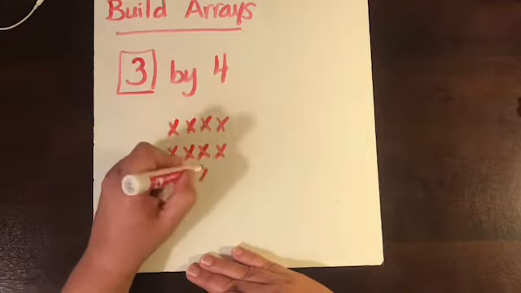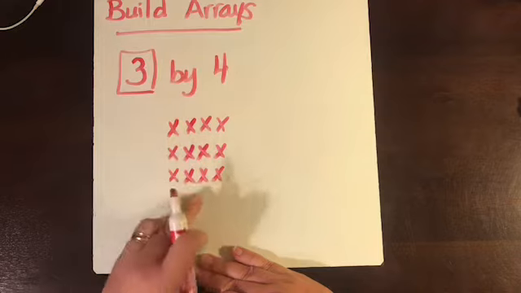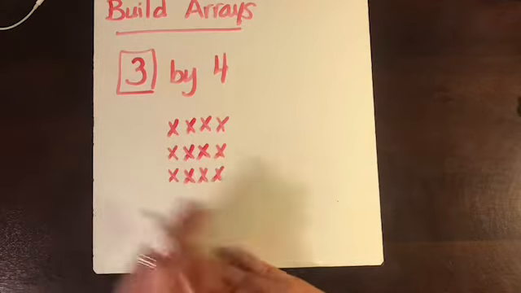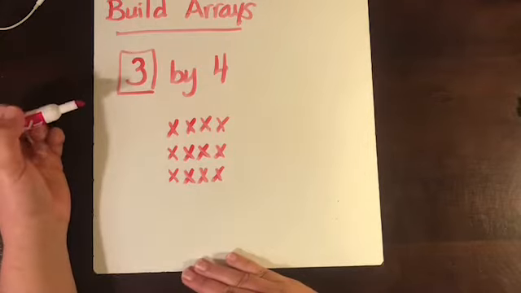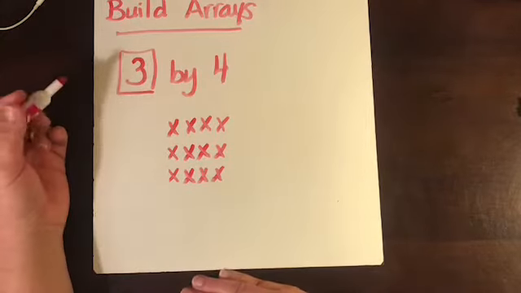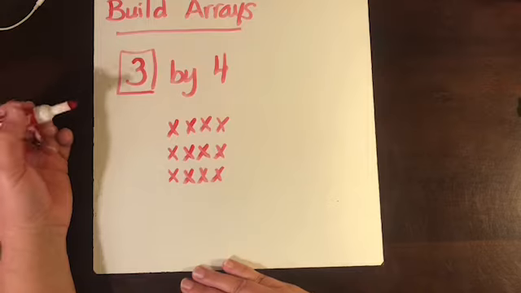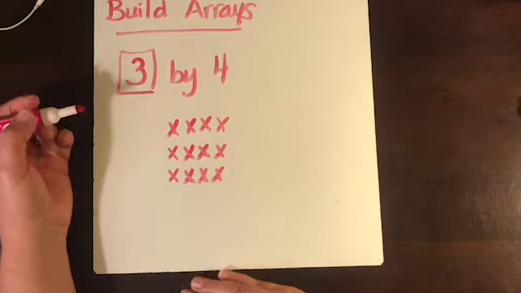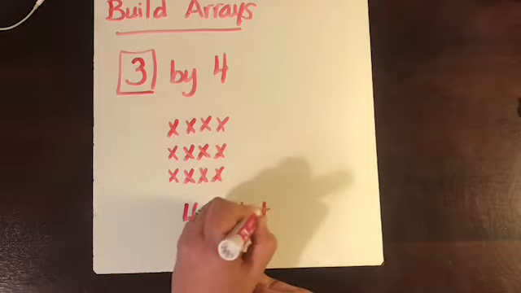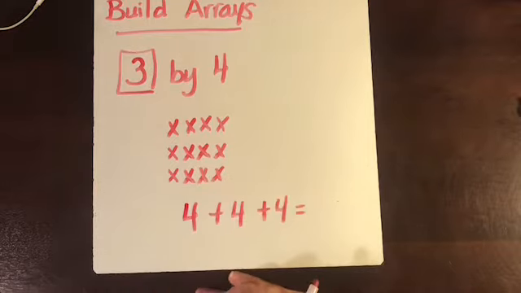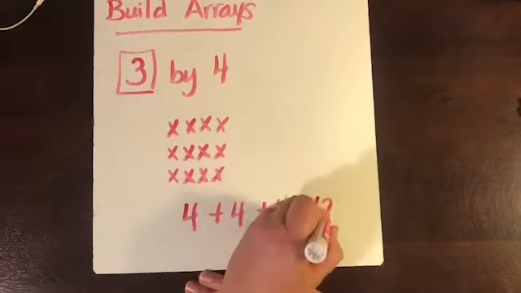Everybody has a partner. Like this group matches this group matches that group. Everybody has a partner because equal groups. And then how would I write my number model? Okay. Good. You're seeing that. I'm going to say 4 plus 4 plus 4 equals what? Good job. 12.